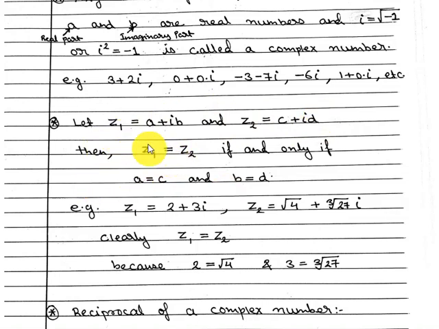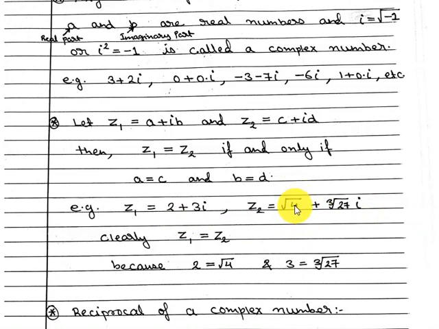So if you have got two complex numbers, let's say a plus ib and c plus id, then you would say that these two are equal only if a is equal to c and b is equal to d. Like in this example, I have got one complex number, that is 2 plus 3i, and the other complex number is the square root of 4 plus the cube root of 27 i. Clearly the square root of 4 is 2.